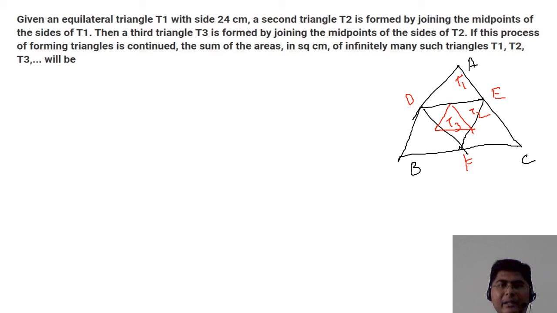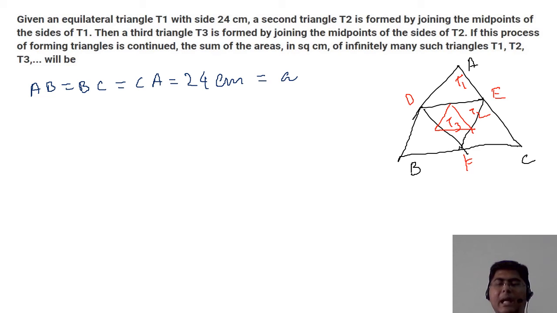It will be 24 centimeter. So I'm just writing down AB equals BC equals CA equals 24 centimeter equals A. Let's assume A because I am not putting this value from the beginning, otherwise it will be complicated for calculations, right?